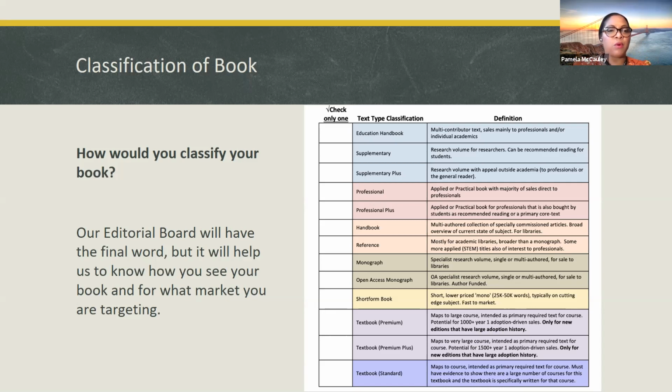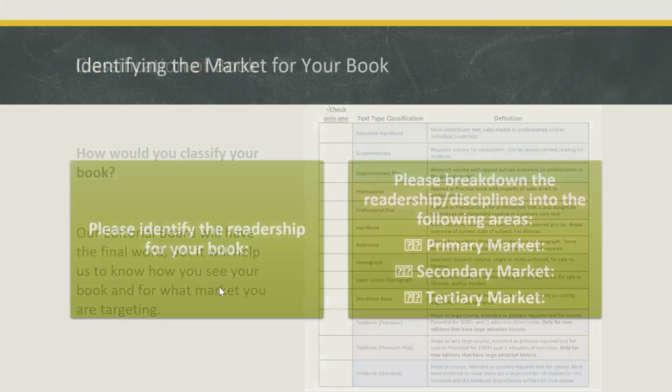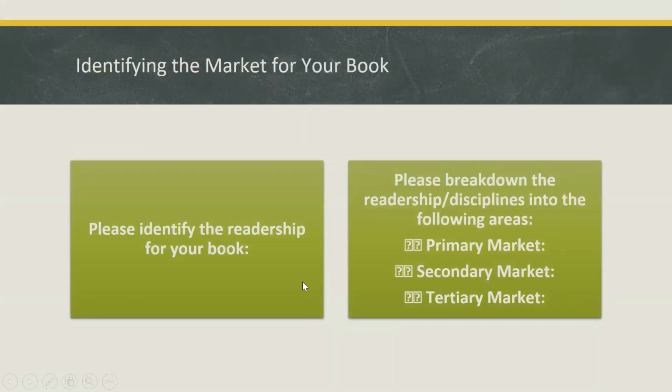But as pointed out here, and Cindy and Aaron will attest to, their editorial board has the final say as to what type of book it is and what market you will be targeting once you get your book submitted, complete and published. Correct. It just gives us a good idea, because you could think that it's a professional book and we may think that it's a supplementary book.